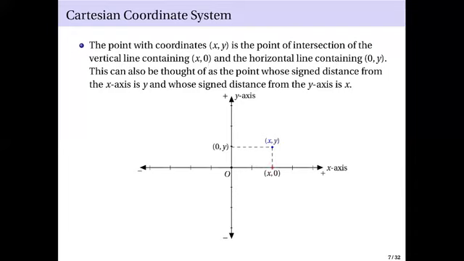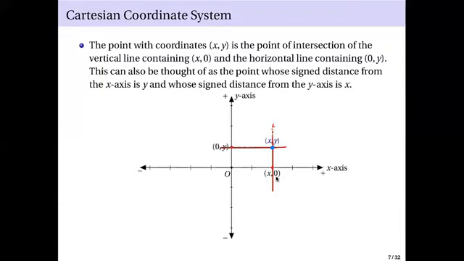You draw a vertical line passing through that x, comma 0, and the horizontal line containing the point 0, comma y. So if this is your 0, comma y, we draw the horizontal line passing through that 0, comma y, and the point of intersection here will be labeled as x comma y.